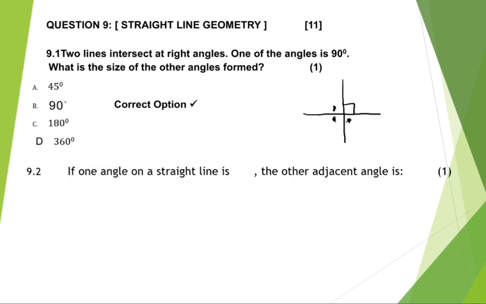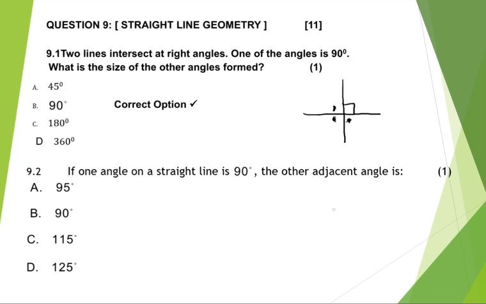Then if one angle on a straight line is 90 degrees, the other angle adjacent is also 90 degrees. The 90 degrees was already there, so the other angle is also 90 degrees.